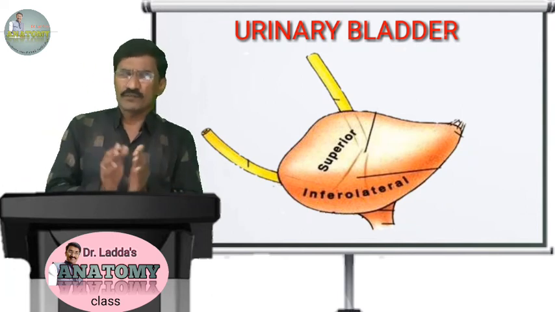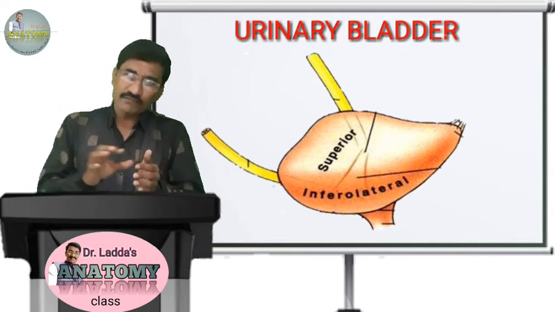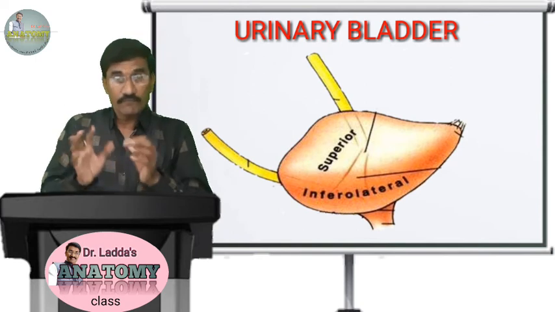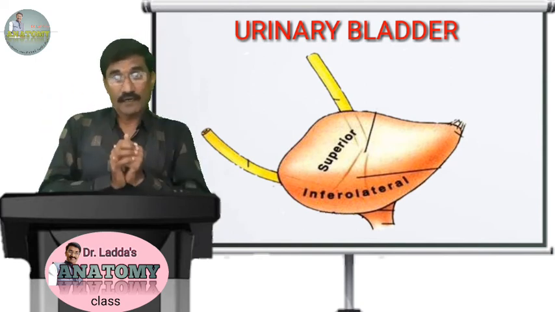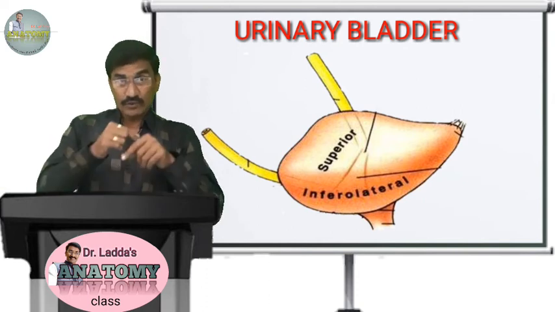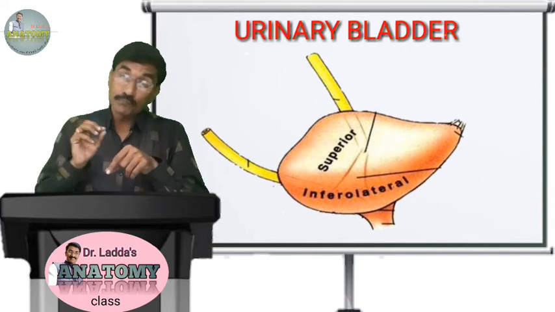In applied anatomy, if the bladder is full and suddenly there is an accident or any trauma over the abdomen, definitely there are chances of rupture of the bladder. If the prostatic gland is enlarged, we know the urethra passes through the prostatic gland, so the urine will not be expelled fully.